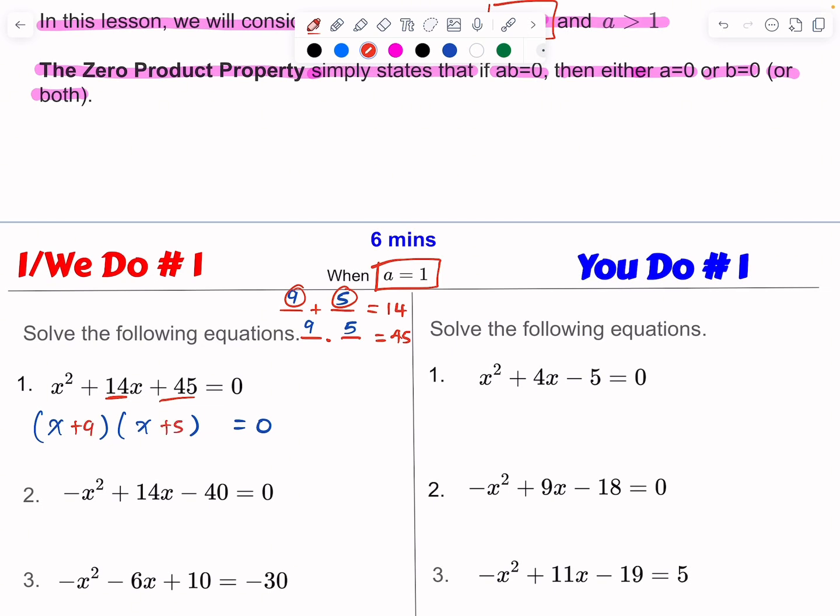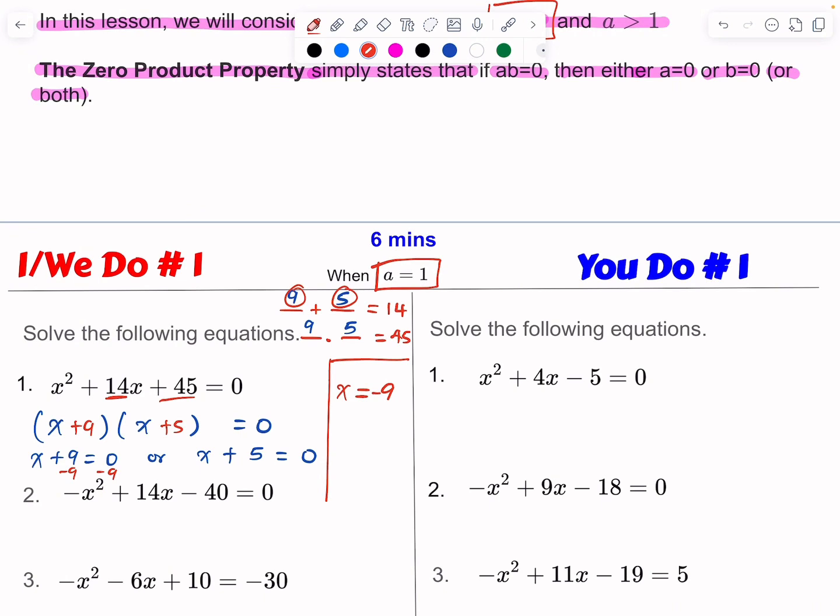And then we're going to use the zero product property. The zero product property says that x plus 9 is equal to 0, or x plus 5 is equal to 0, and then I need to find out what x will be. If I subtract 9, I notice that my x will be equal to negative 9.